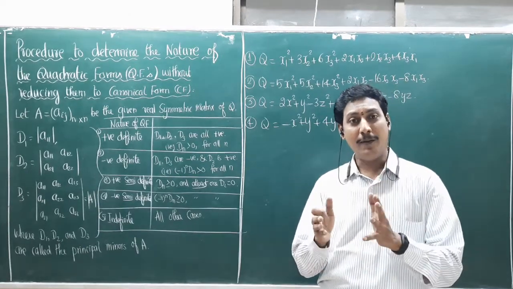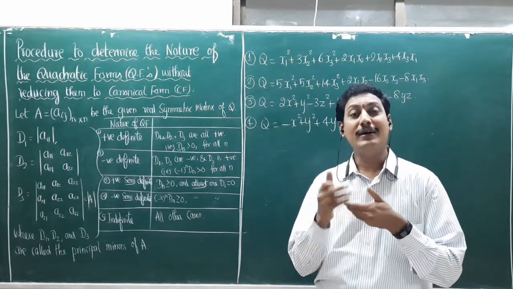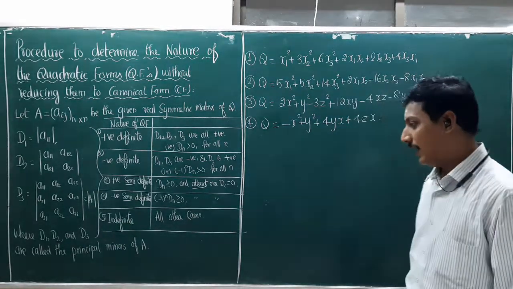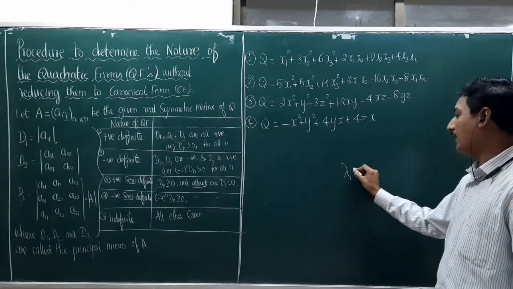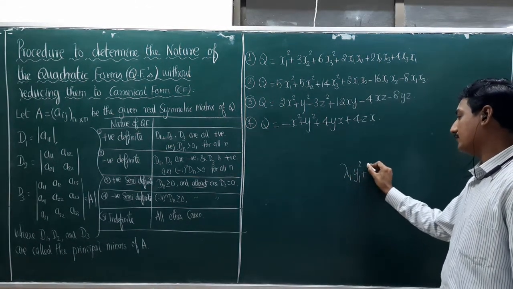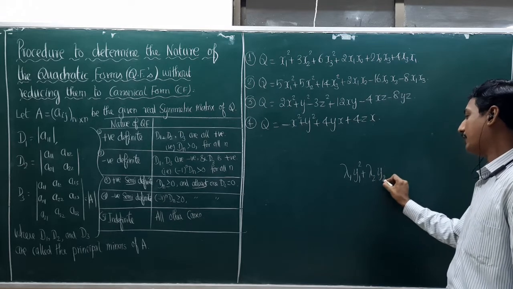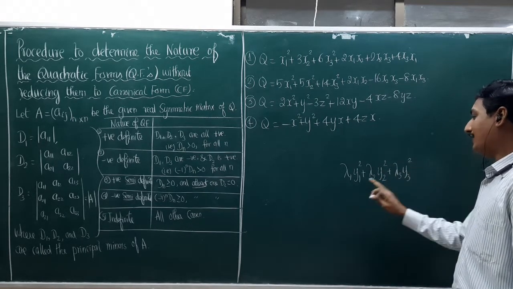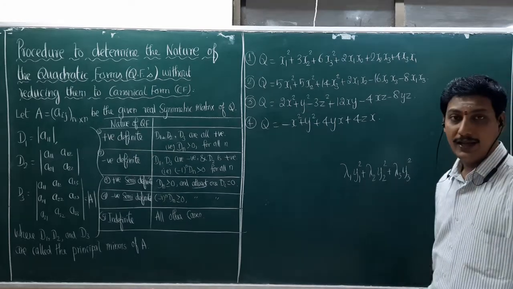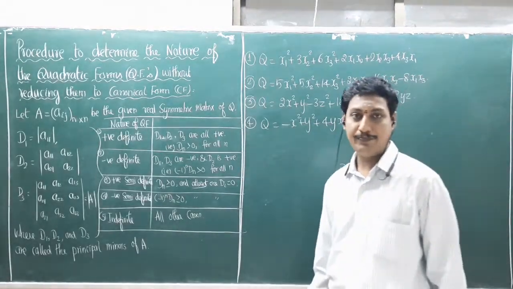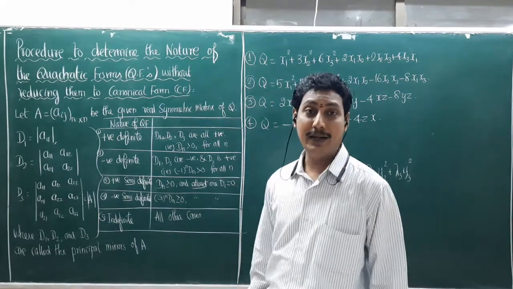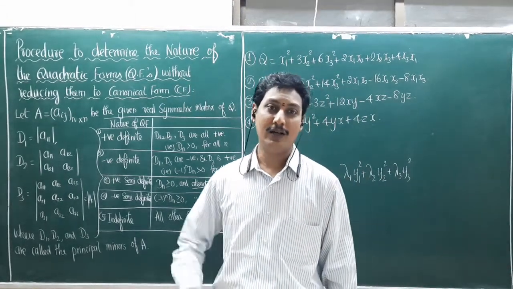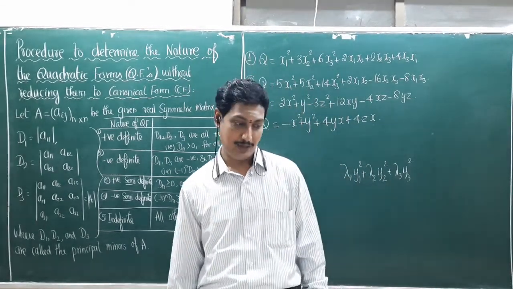The canonical form is nothing but, in terms of the eigenvalues, lambda 1 y1 square plus lambda 2 y2 square plus lambda 3 y3 square. So with the help of these three, lambda 1, lambda 2, lambda 3, we can easily determine the nature of the given quadratic form.